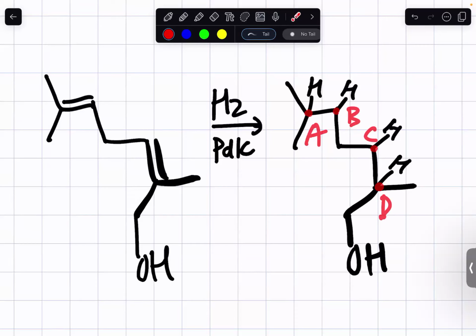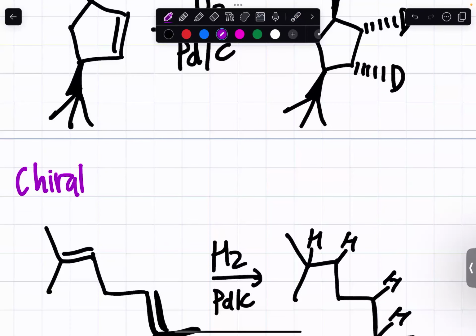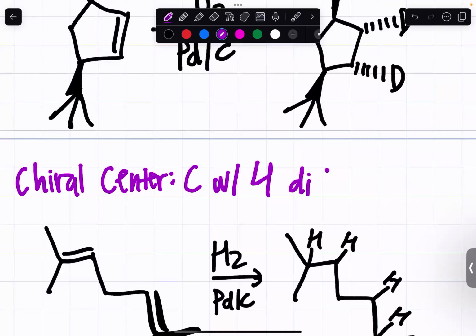Do you remember the definition of a chiral center? I don't think I remember. So a chiral center is a carbon with four different groups attached to it.